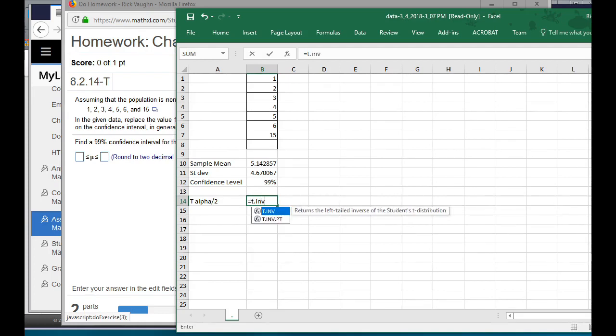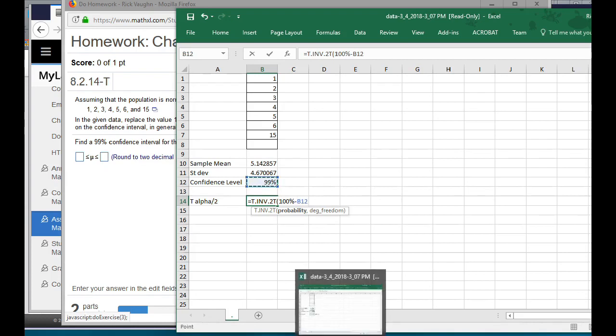In this case, I can use the two-tailed inverse. And then for the probability, I want the amount that's in the tail to be 1 minus the confidence level. So I'm going to take 100% minus the confidence level, which is in cell B12, and then the degrees of freedom is n minus 1.